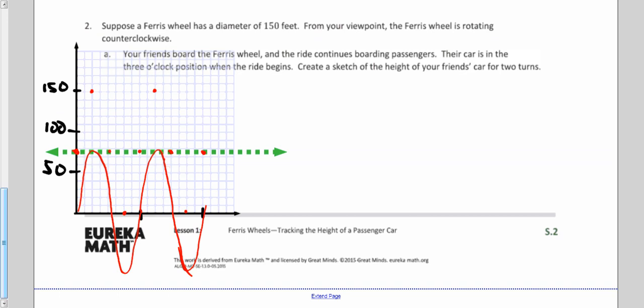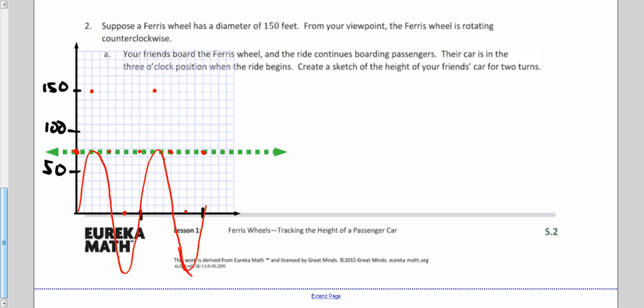So here, I'm at 0. 0 feet in relation to what? I'm 0 feet above or below what? The center of the Ferris wheel, right? So I'm 0 feet above or below the center of the Ferris wheel.